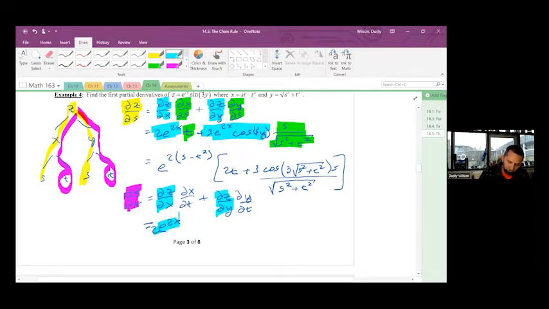But dx dt is going to be different. So that's going to be, what color do I want? Green. So dx dt will be s minus 2t, plus dz dy is still going to be 3e to the 2x cosine 3y.